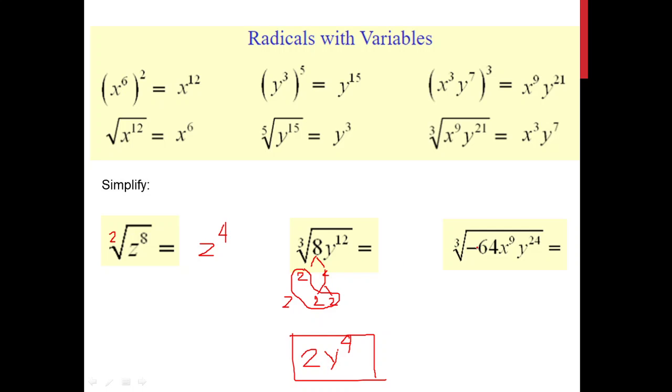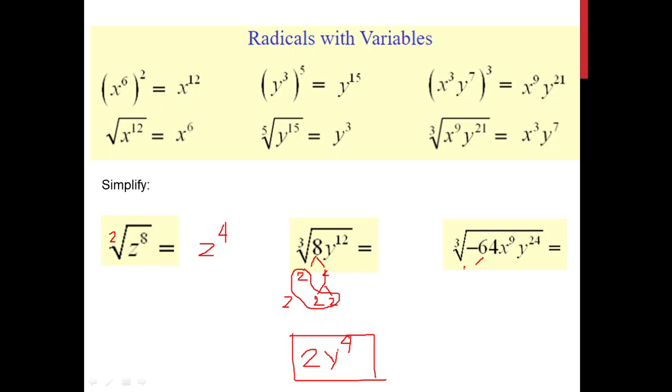Another example here, you have the cube root of negative 64x raised to the power 9, y raised to the power 24. Again, process the numerical coefficient first. Since this is negative, let's disregard first the negative sign. Anyway, we can just copy this one again.